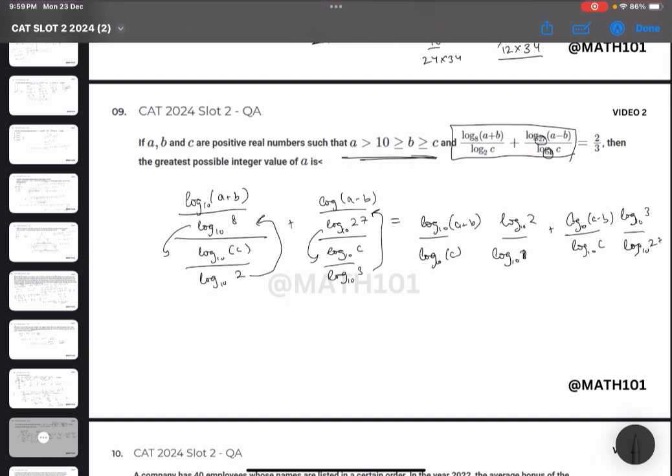So 8 can be written as 2 to the power of 3, which further can be written as 3 times log 2. Similarly, this can be written as 3 times log 3. Log 3 gets cancelled, log 2. So what we are left with is log base 10 A plus B upon 3 log base 10.